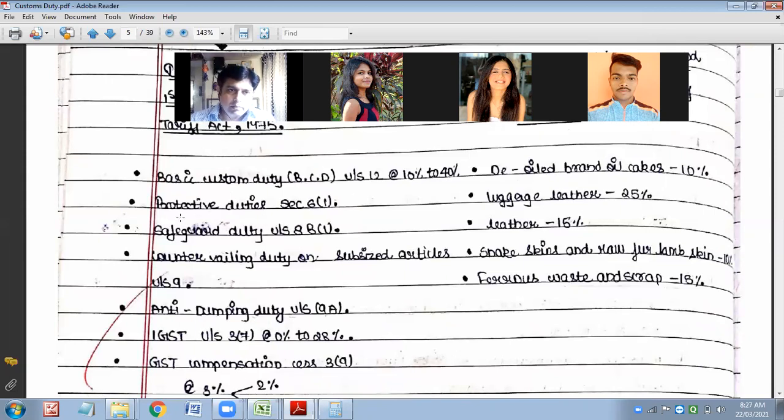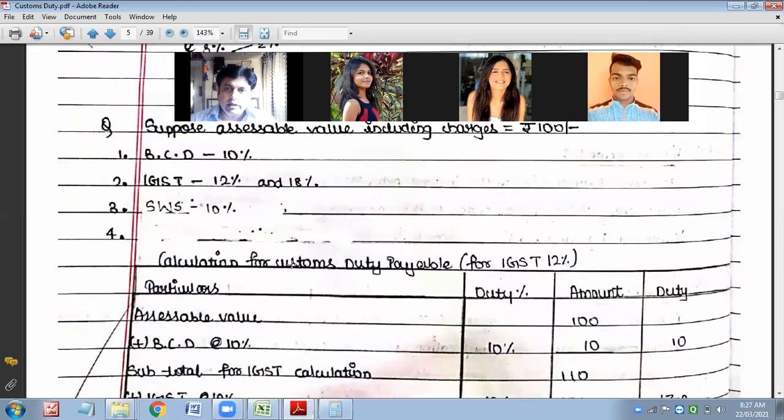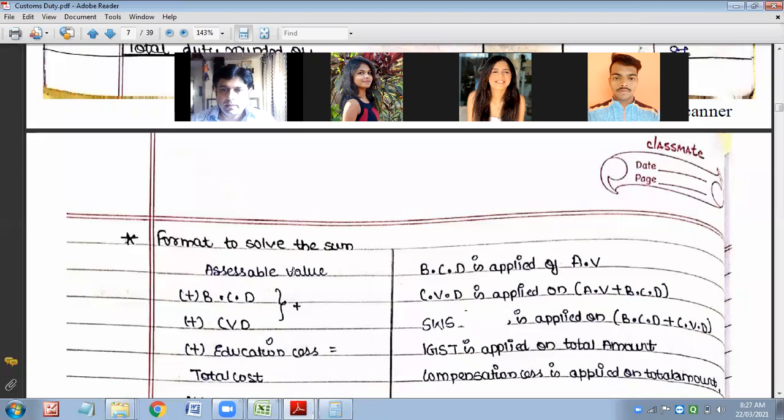Then protective duty is there, safeguard duty is there, CVD we just saw, countervailing duty is there, anti-dumping duty is there. These are all part and parcel of custom duty. They are an integral part of custom duty. And SWS will be charged on whatever BCD and CVD you have applied. Very clearly it is mentioned here.